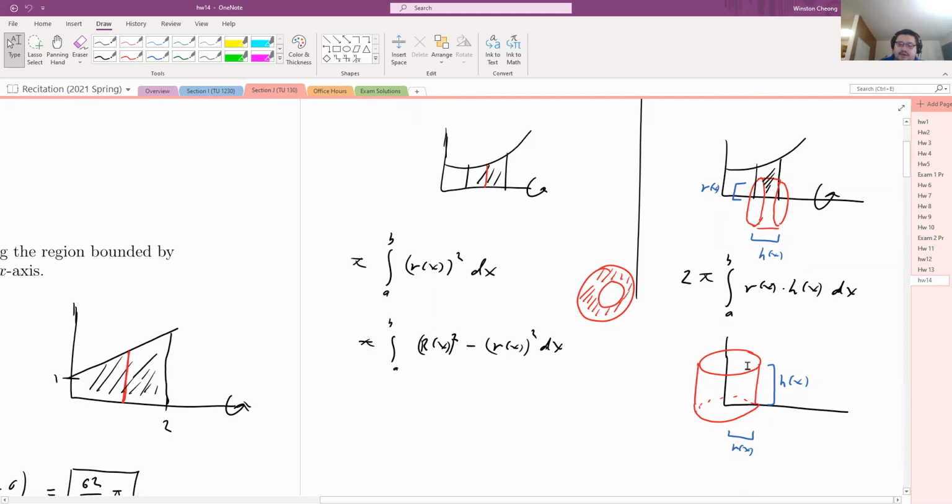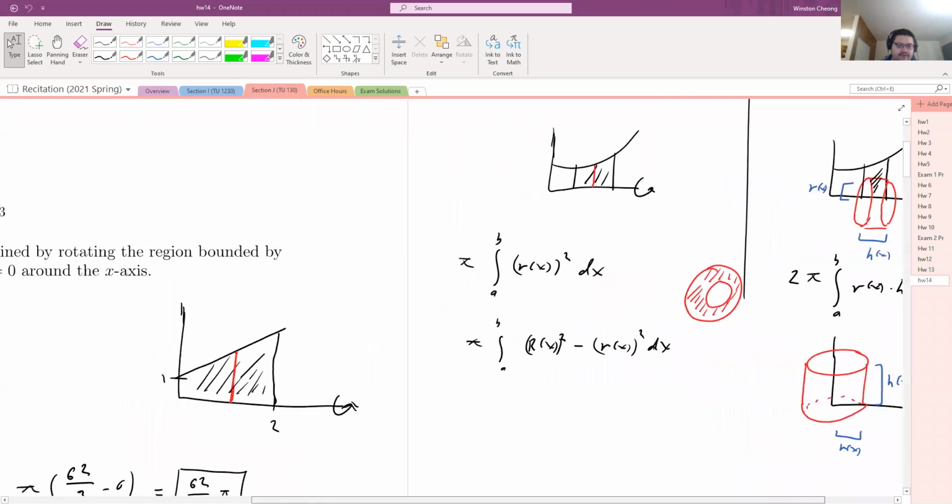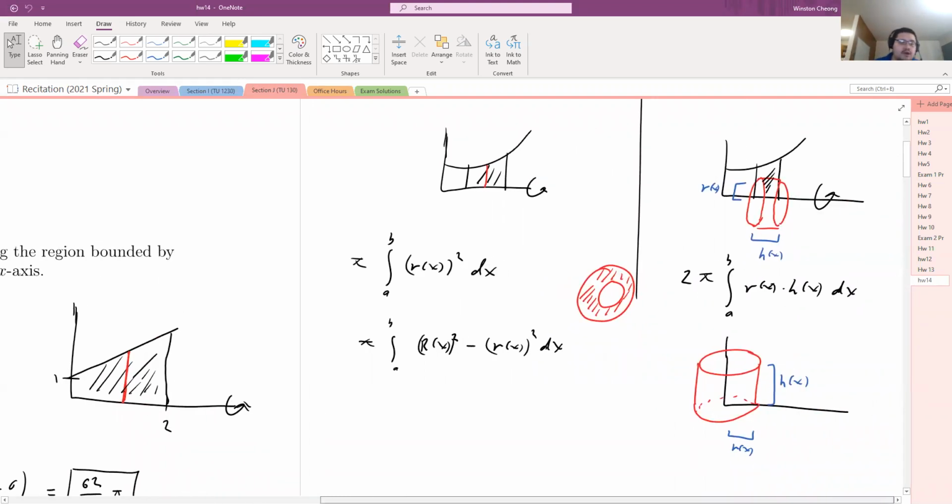The additional 2 pi in 2 pi RH computes the surface area of the cylinder. That's why this equation makes sense, because the integral sums up all of these different cylinders stacked inside of each other, which creates the three-dimensional solid. You take the total sum of all of those areas.